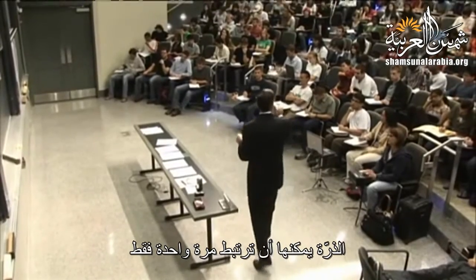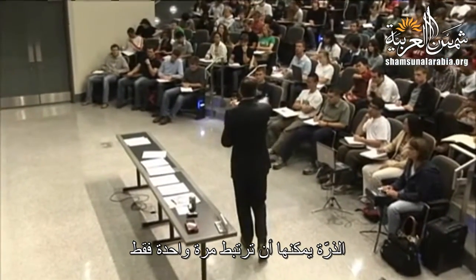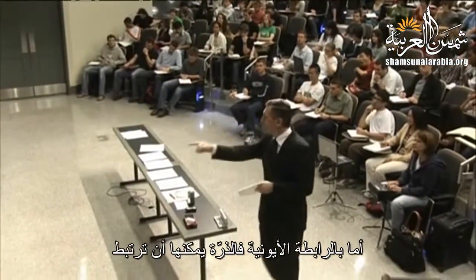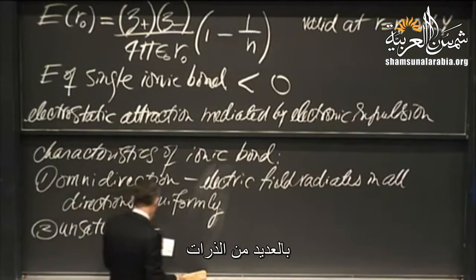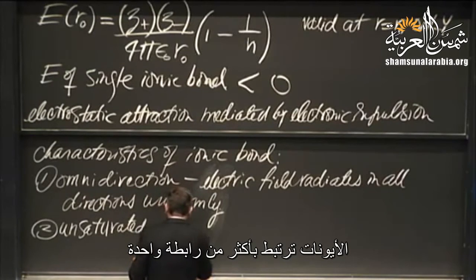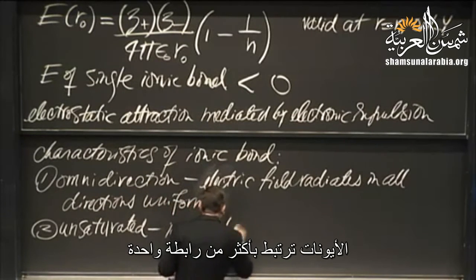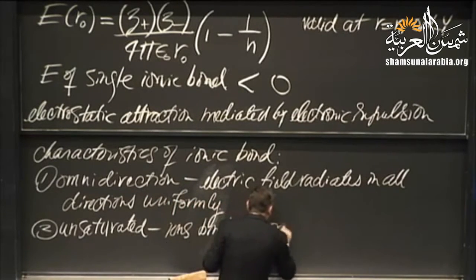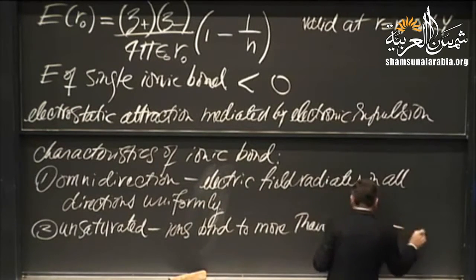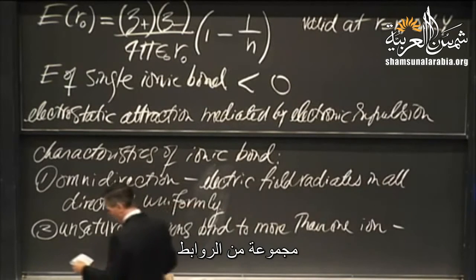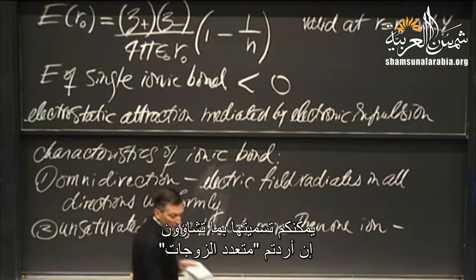A given atom can only bond once, and then it's done. Whereas in this case, the ion can bond to a plurality of other ions. So ions bond to more than one. A plurality of bonds is formed.